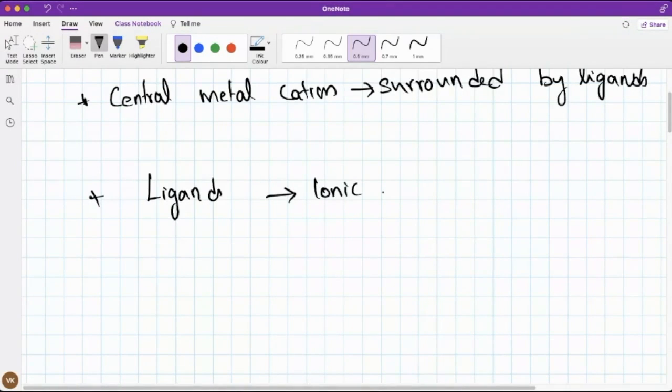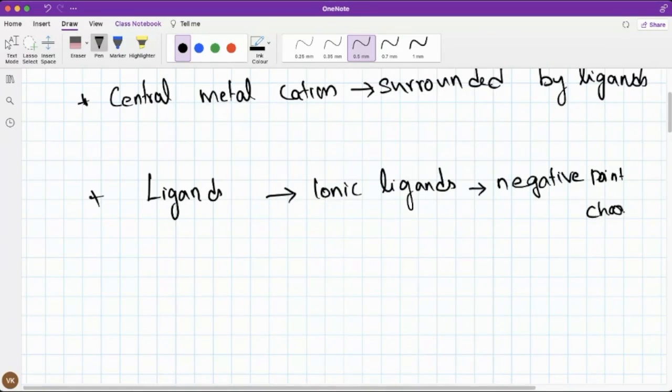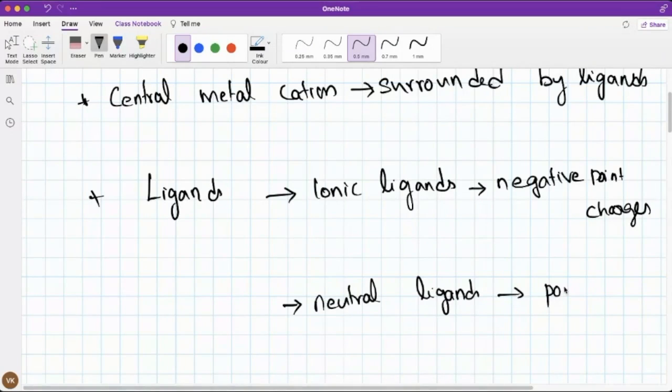So the ligands can be ionic ligands, which are also known as negative point charges, and there are neutral ligands, which are considered as point dipoles.